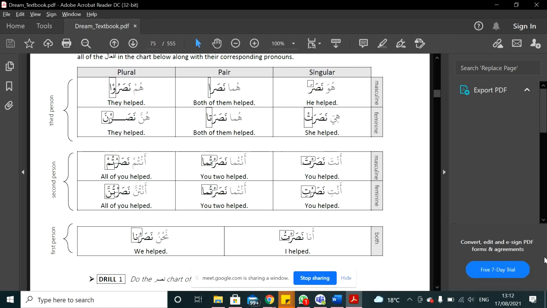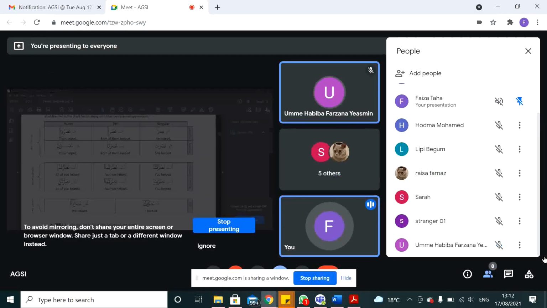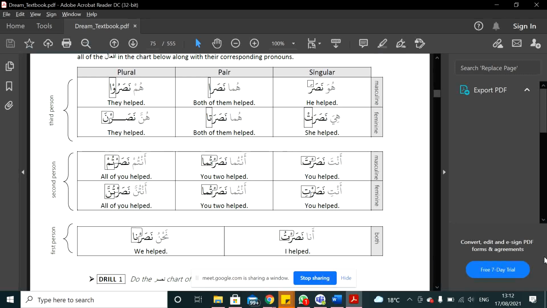Anta nasarta, antuma nasartuma, antum nasartum, anti nasarti, antuma nasartuma, antunna nasartunna, ana nasartu, nahnu nasarna. Okay, good. Sister Hodma, please, can you read this again for us?